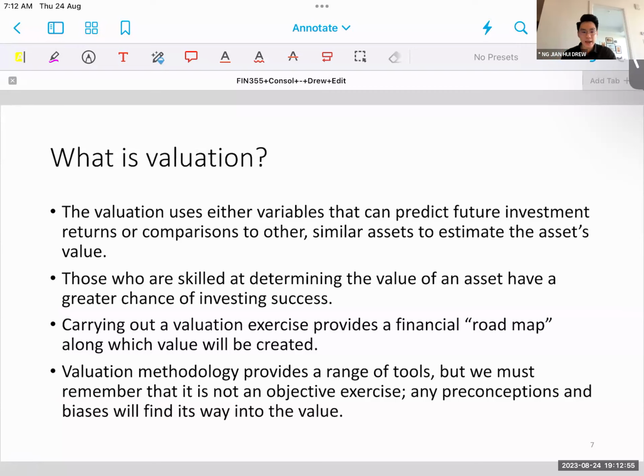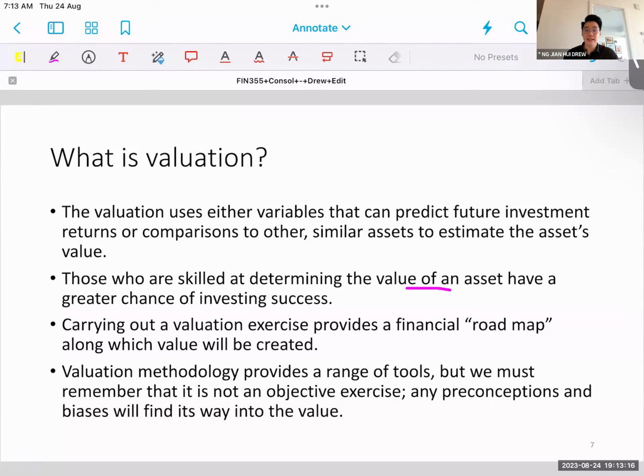And the thing about valuation is that, like I mentioned, we want to determine the actual value of assets, right? Most of the time, the value of an asset we see, such as the stock price on the market, is not the intrinsic value. We'll talk about intrinsic value in the next slide. But it basically is not the intrinsic value.